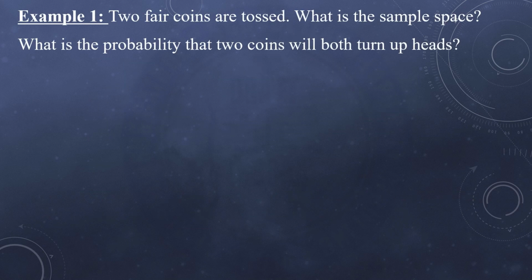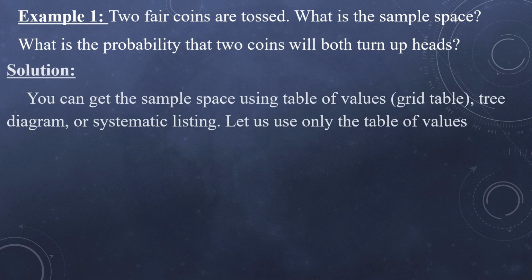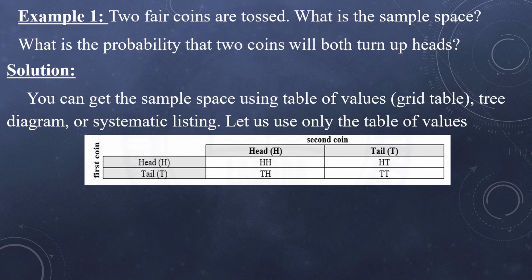For example number 1, 2 fair coins are tossed. What is the sample space? What is the probability that 2 coins will both turn up heads? Here is the solution. You can get the sample space using table of values, tree diagram, or systematic listing. So this time, we use the table of values.